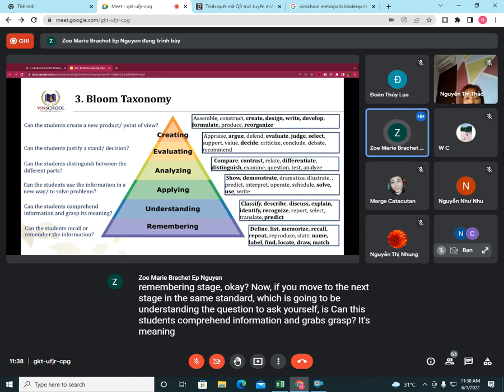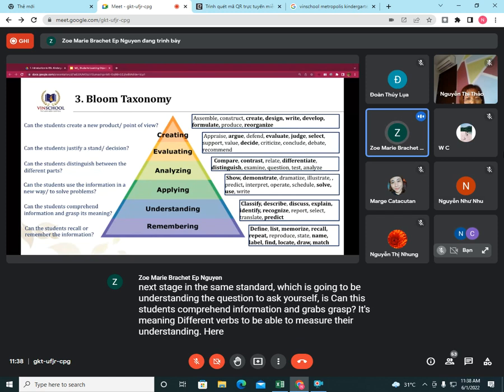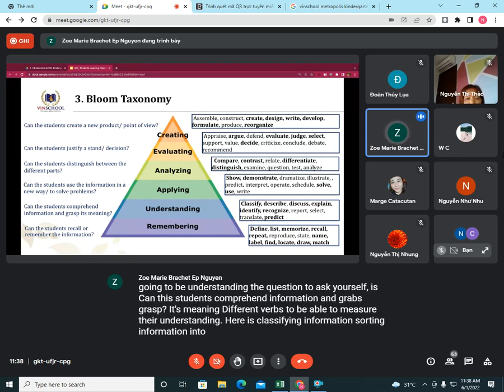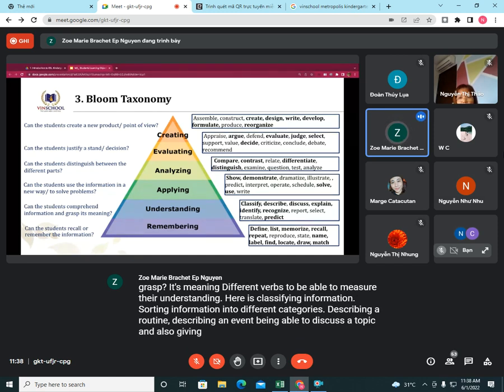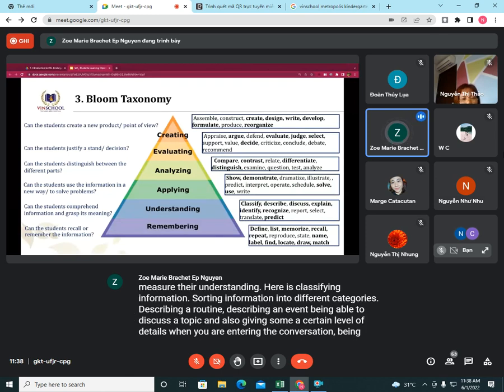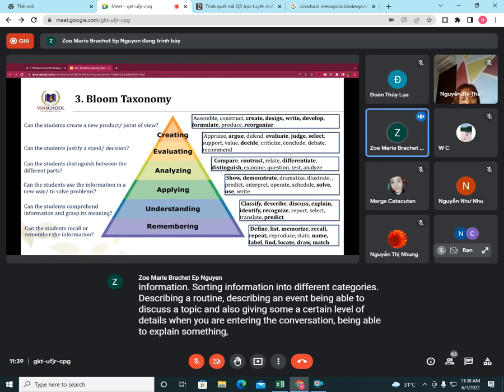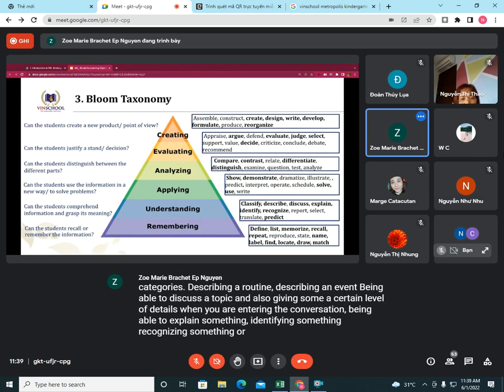Different verbs to be able to measure their understanding here are classifying information, sorting information into different categories, describing a routine, describing an event, being able to discuss a topic, and also giving a certain level of detail when you are entering the conversation. Being able to explain something, identifying something, recognizing something, or predicting something.